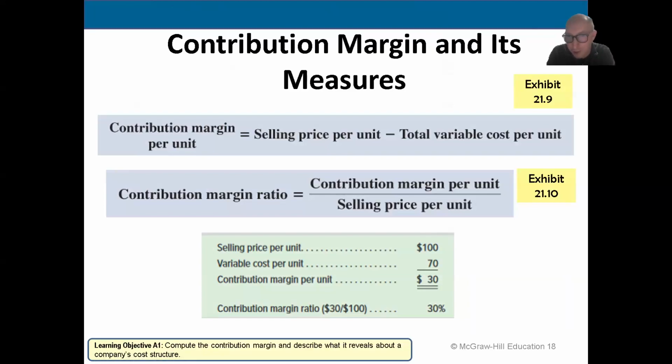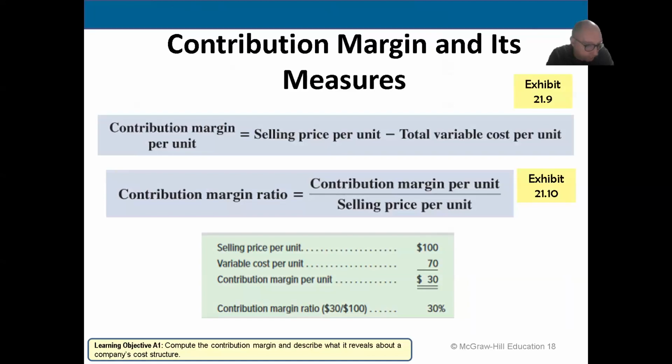That's what contribution margin means. The word margin means profit, basically, per unit. So a contribution margin per unit is kind of like saying the profit we would expect if we sold one unit. So to find the contribution margin per unit, we take the sales price minus total variable cost per unit.